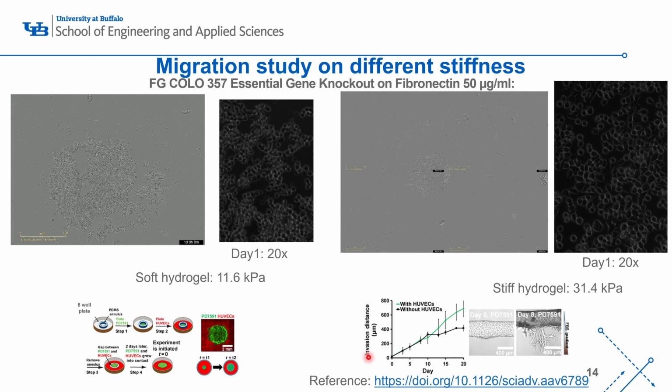The results are shown on the right hand side, where we can see that when the HUVEC cells are present the migration is more, and when the HUVEC cells are not present the migration is less. And these studies are carried out for like 15 to 20 days.